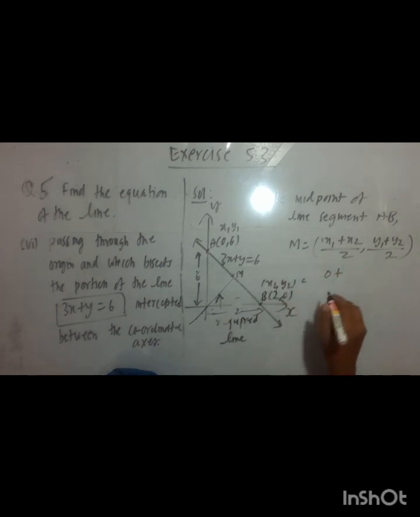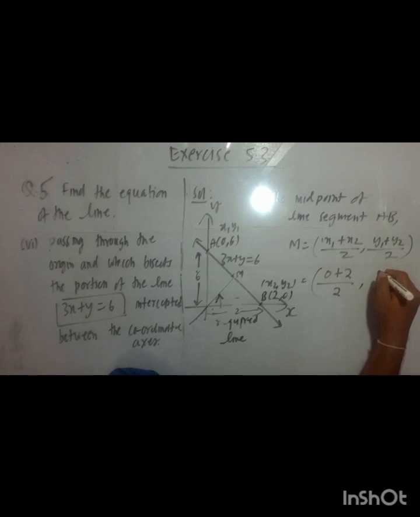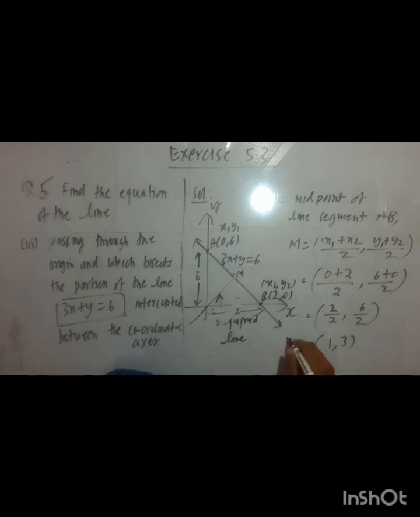And what is x2? x2 is 2, upon 2. And what is y1? y1 is 6 and what is y2? y2 is 0, upon 2. So this will be 2 upon 2 and then 6 upon 2, that is equal to 1 and 3. So this midpoint will have the coordinates 1 comma 3.